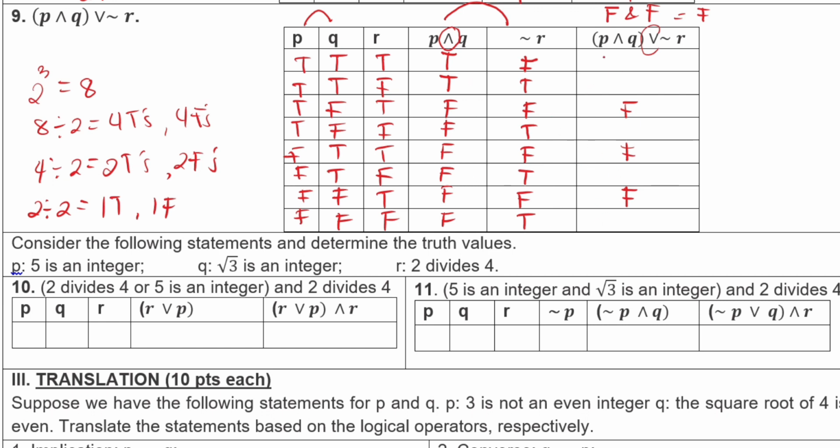Okay, then the rest are opposite. So true, true, true, true, true. So therefore we can write it as true, true, false, true, false, true, false, true. Final answer.